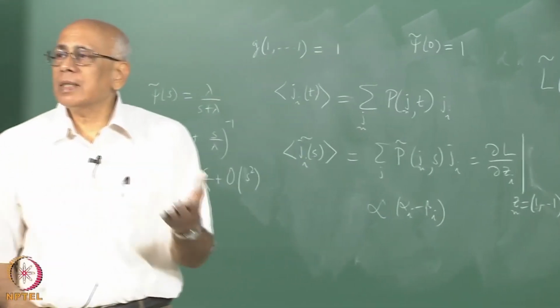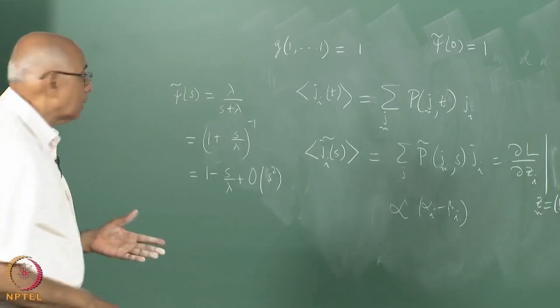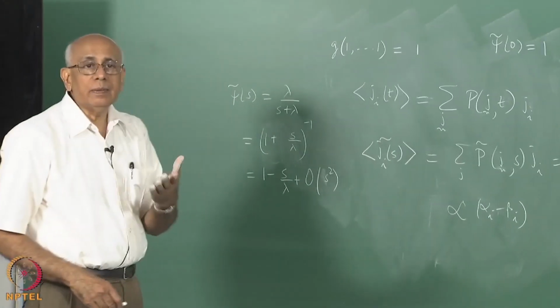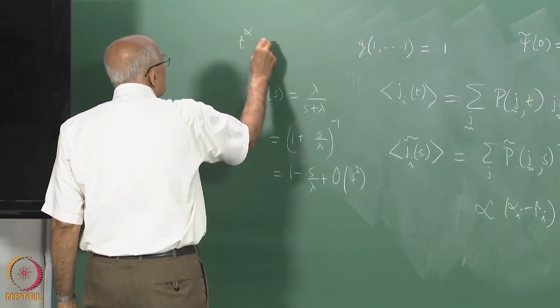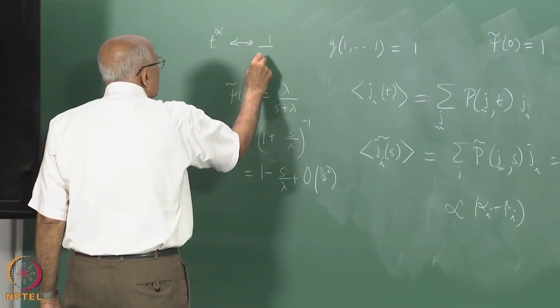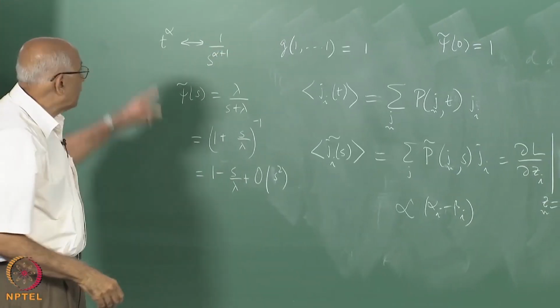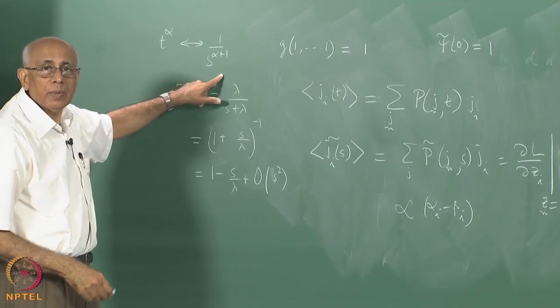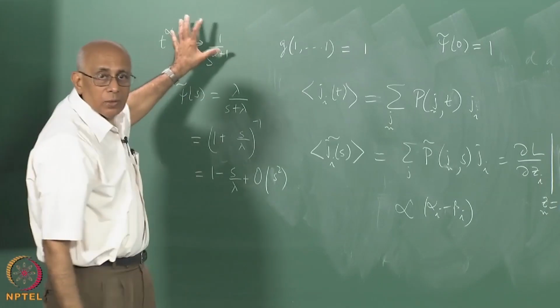What is the inverse Laplace transform of 1 over s squared? It is a ramp function, it is t, because we know that for t to the power alpha, the transform is 1 over s to the alpha plus 1. So if you have large t behavior like that, you have small s behavior like this. That is a useful thing to remember.